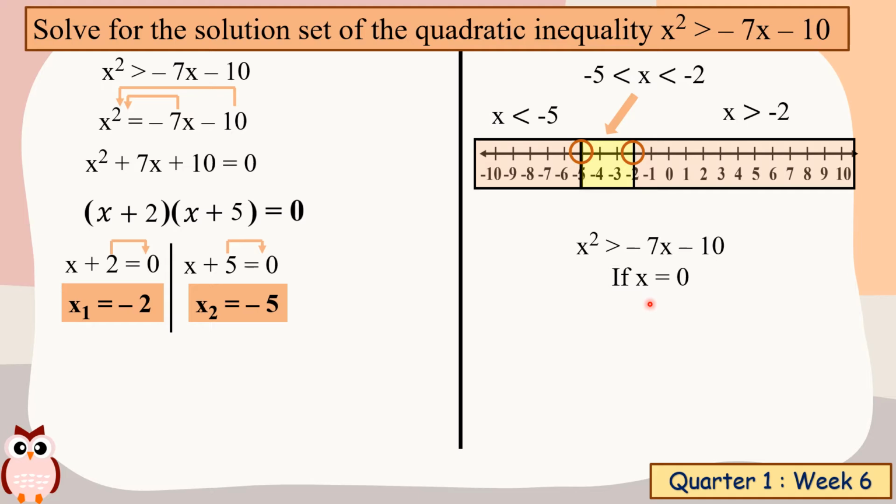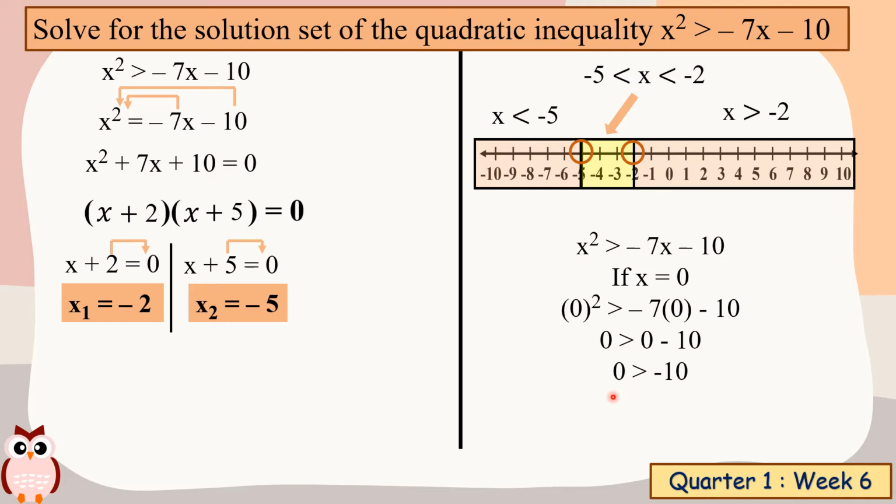So you have to substitute x here from the variables that we have in the given quadratic inequality. Then you have here 0 squared is greater than minus 7 times 0 minus 10. Whenever we simplify, you have 0 is greater than 0 minus 10. So 0 minus 10 is negative 10.